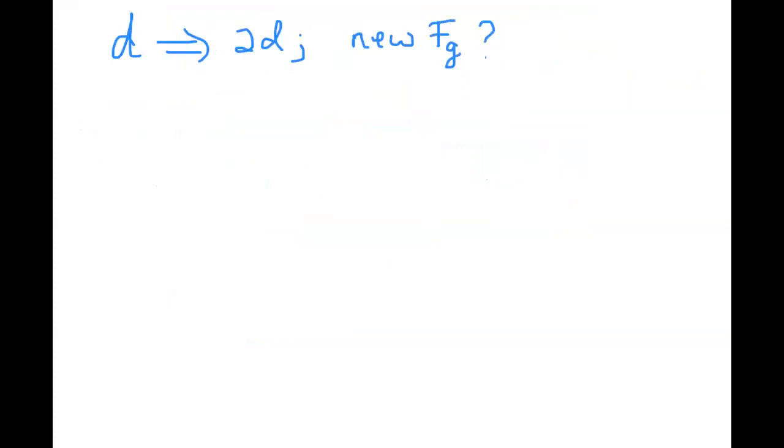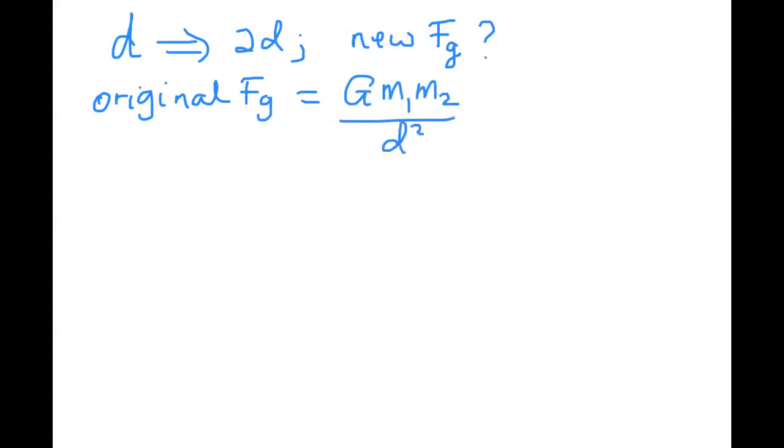Well, we have to start by looking at the original gravitational force. The original Fg is equal to G m1 times m2 divided by d squared. Our m1 will be the mass of the Earth, m subscript e.